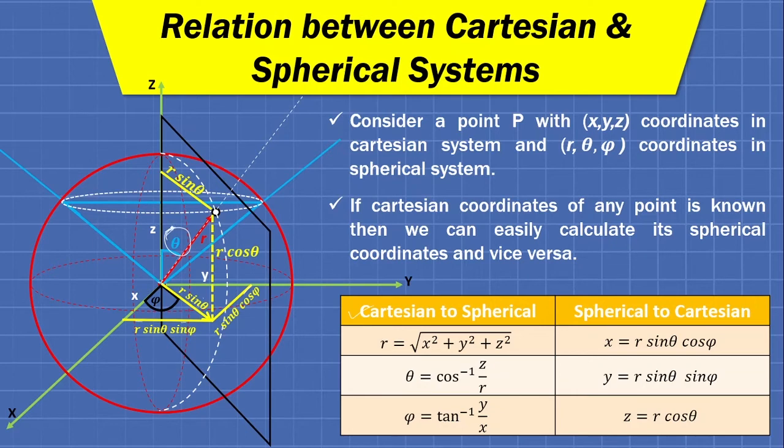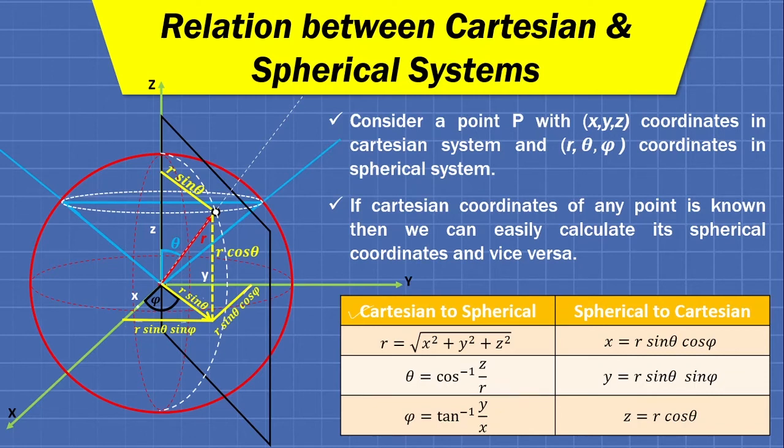The second coordinate of spherical system, that is theta, can be calculated by theta is equals to cos inverse z by r. So if we define cos function, then it will be the ratio of neighboring side by hypotenuse. Fine. So cos theta will be z by r and theta will be cos inverse z by r.